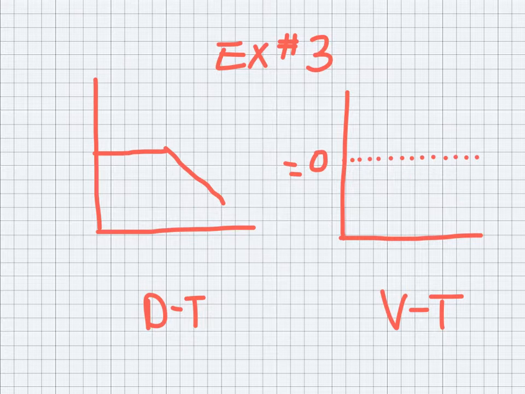So what would this graph look like? 0 velocity, there's the first part. And then having a constant speed to the left would be a negative velocity. Looks something like this. There we go. Copy that down in your notebook.